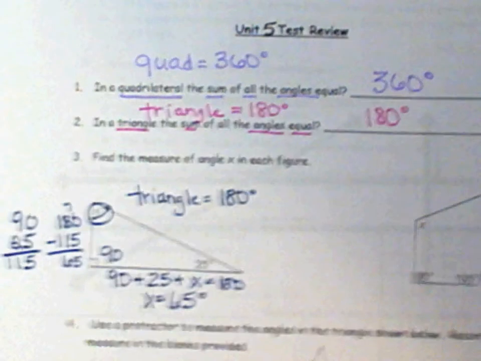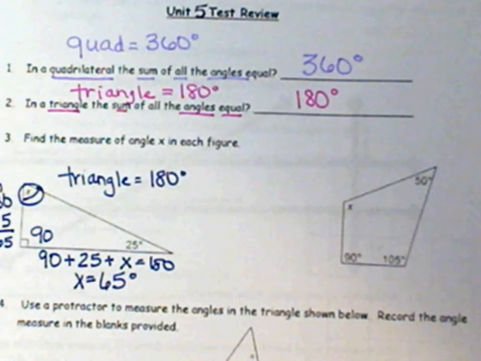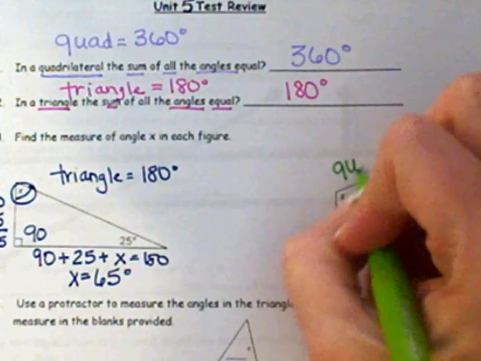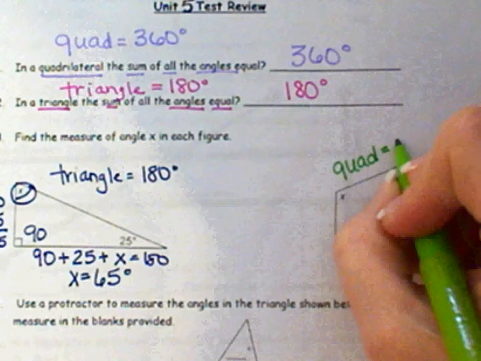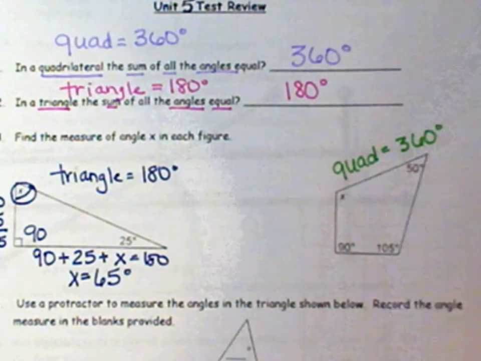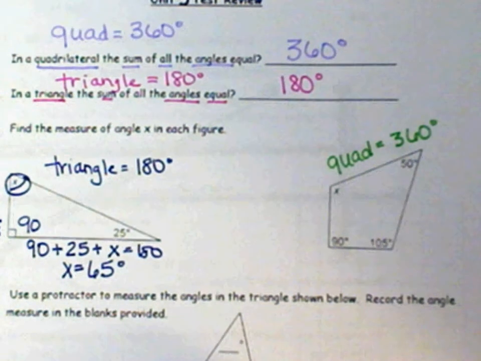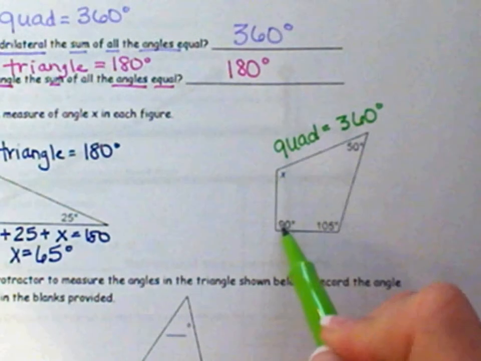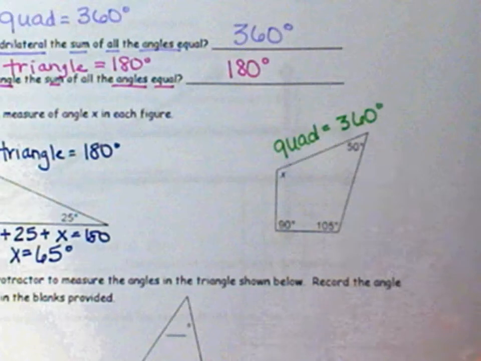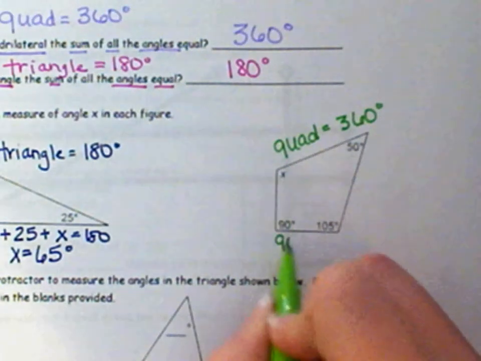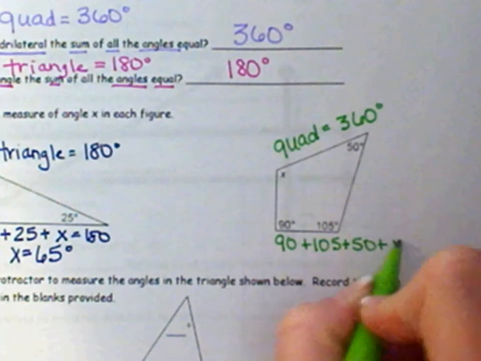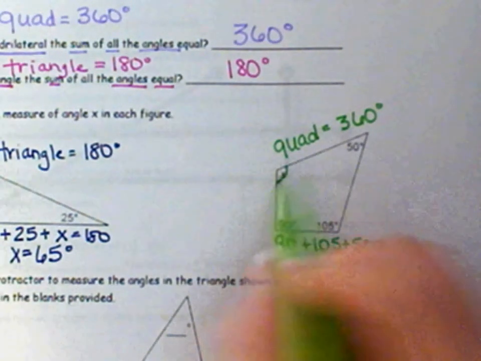So what I was looking for was 90 plus 25 plus x, the missing angle, needs to equal 180 degrees. When I did all that, x, or my missing angle, equals 65 degrees, meaning this angle right here is 65 degrees. Now we know 65 is an acute angle, so I look at my angle right here. Yes, that's acute, so that would be your reasonable answer.